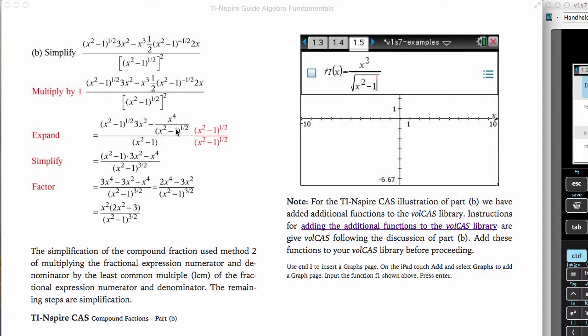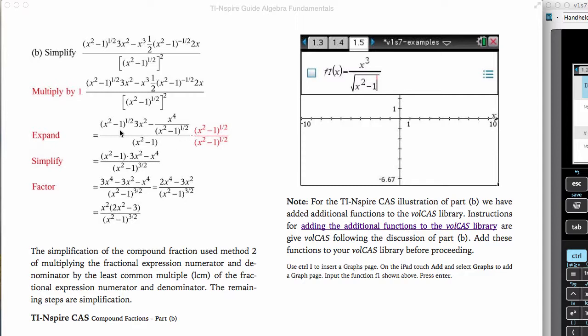Since this is the only fractional part in this whole compound fraction, we're going to multiply the numerator and denominator by x squared minus 1 to the 1/2 to clear this out. We're going to take this times the first term, and we're going to take this times the second term. The second term, of course, is the easiest one because this cancels out and you just end up with x to the 4th.